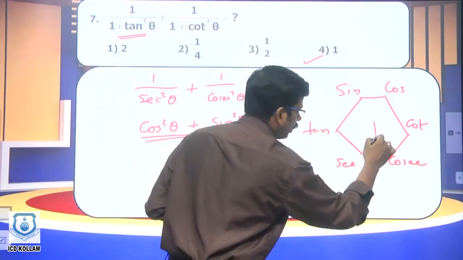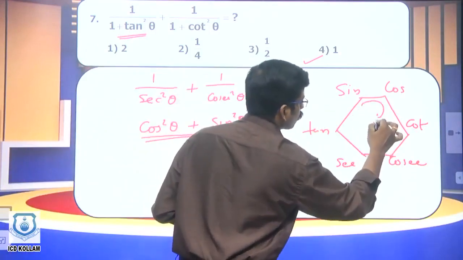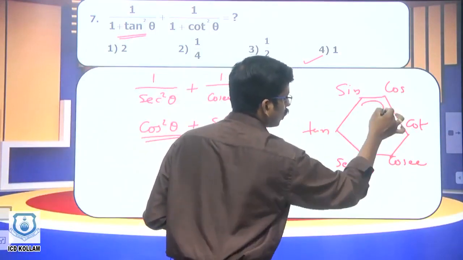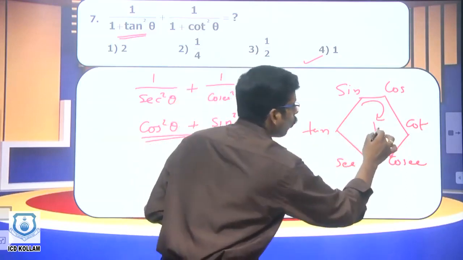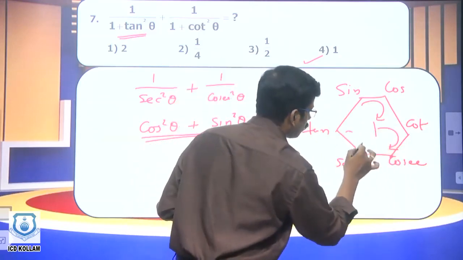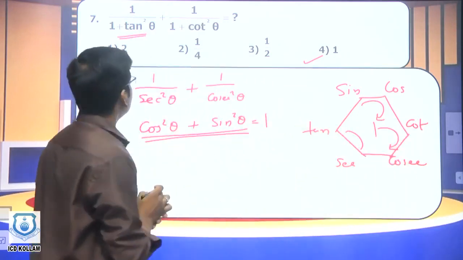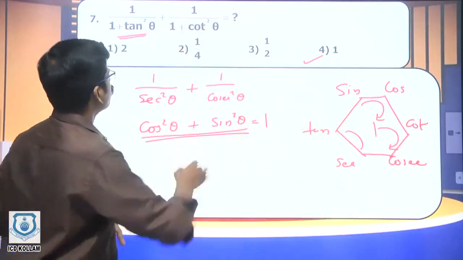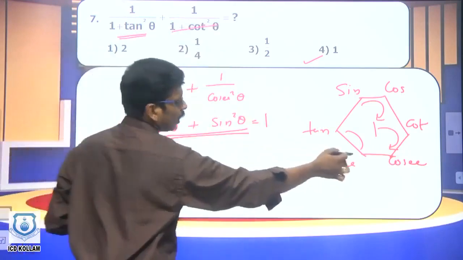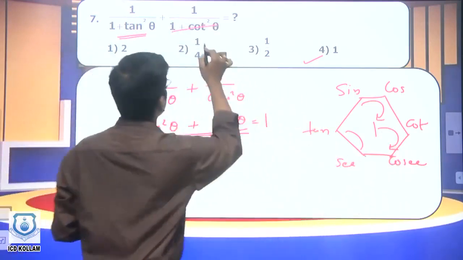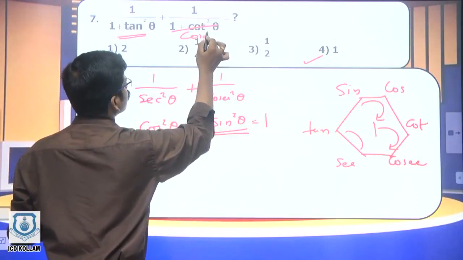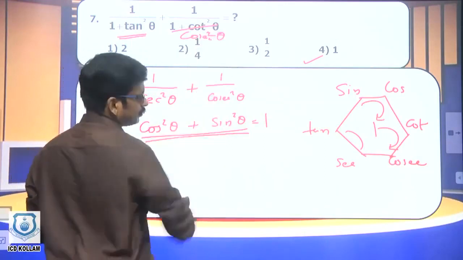This is 1. Sine square plus cos square is 1. This is the root, 1 plus cot square. 1 plus cot square is cosec square, so we can replace that 1 plus cot square as cosec square theta.